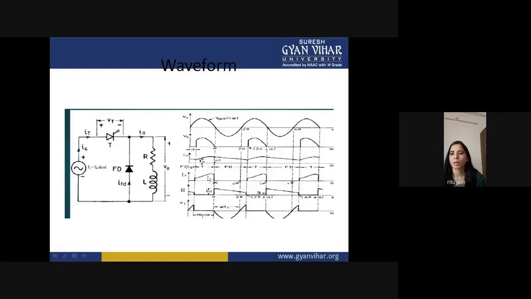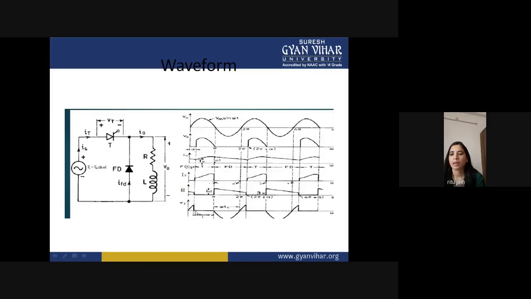Okay, supply current you can say. Now in this case, the freewheeling diode is not conducting from alpha to pi, so the freewheeling diode current in this case will be 0. Fine. Now for the thyristor, from 0 to alpha, the thyristor was not conducting, so there is some voltage appearing across the SCR.